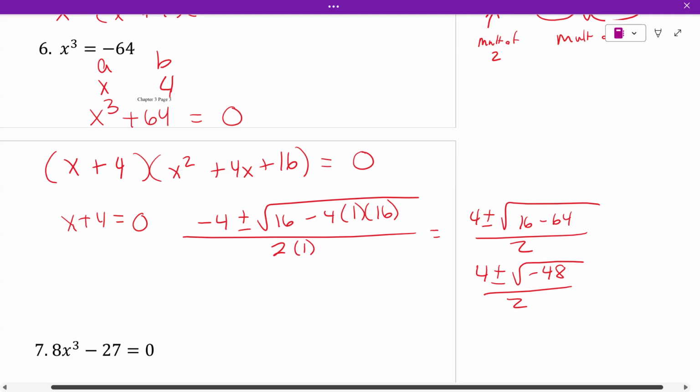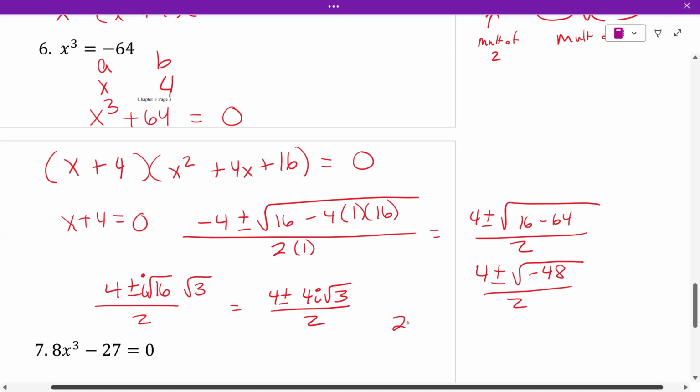Biggest perfect square that goes into 48? 16. So it's 4 plus or minus the square root of 16, square root of 3, and then there's an i here too, over 2. What's the square root of 16? 4. So it's 4 plus or minus 4i square root of 3 over 2. So if we divide them all by 2, it's 2 plus or minus 2i square root of 3.